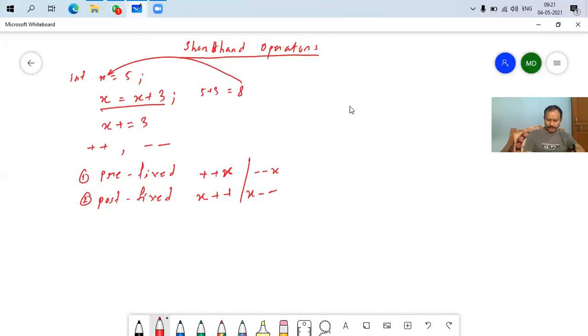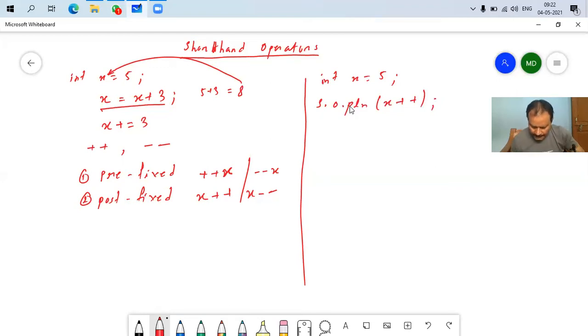I give you an example like this. Say int x equals to 5, and I'm not writing the full form, I'm writing System.out.println(x++). Now, in this case, you get the output as 5. Why 5?